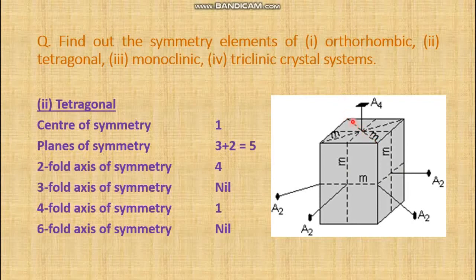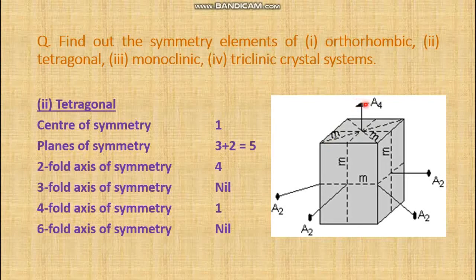Volume diagonals. It becomes a prism when you cut like this, and this also is a plane of symmetry. Now try to count the axis of symmetry. 4-fold axis.